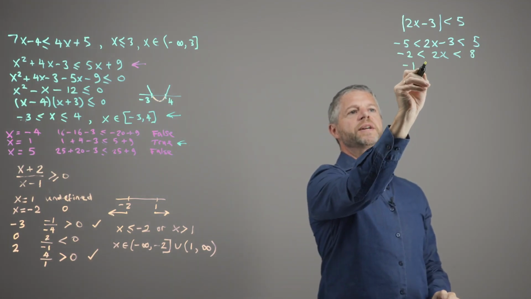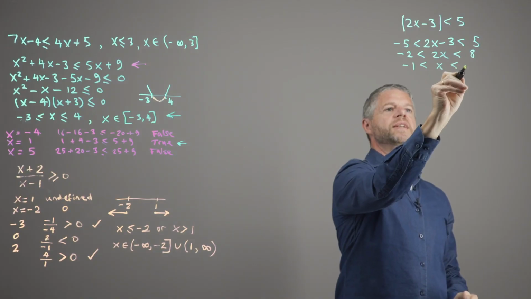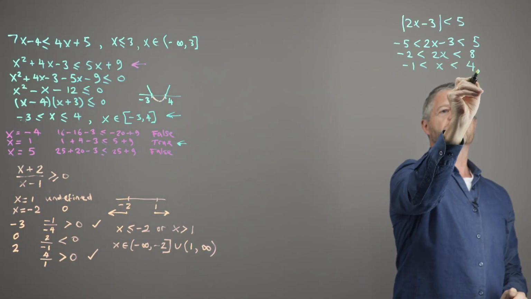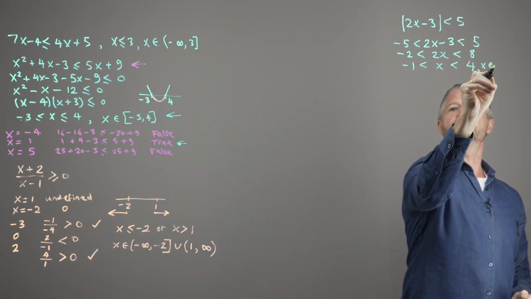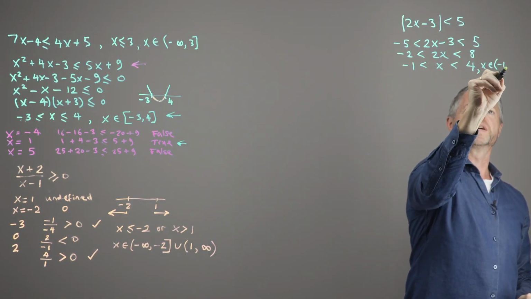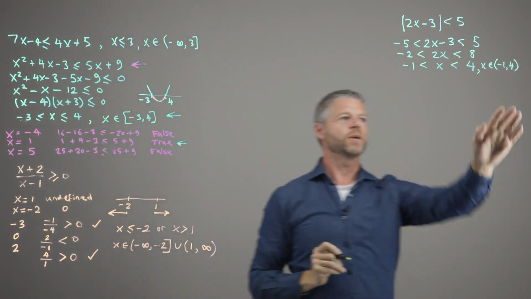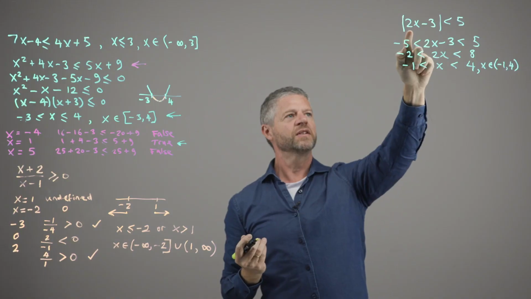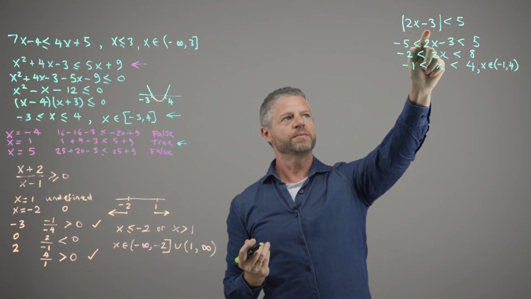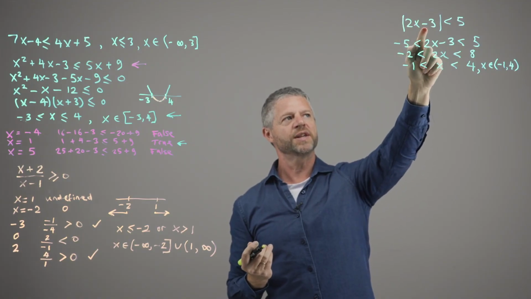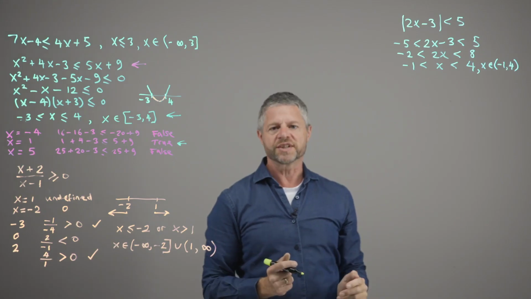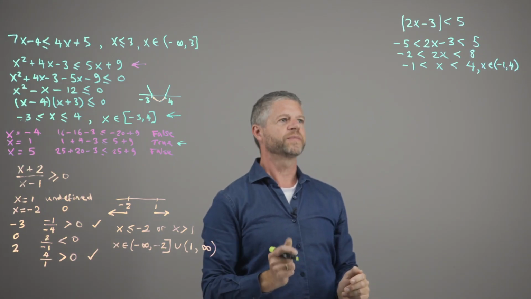We'd have minus 1 less than x less than 4. In other words, x is in the interval between minus 1 and 4. And we could check, say with the value 1. 2 times 1 is 2, minus 3, minus 1, take the absolute value of minus 1, we get plus 1, and plus 1 is less than 5. So we've got some reassurance that we've done this correctly.